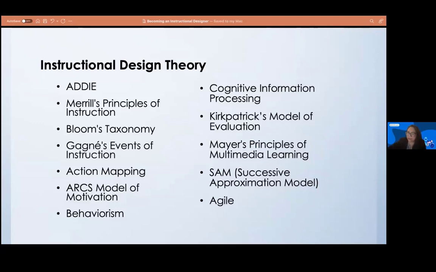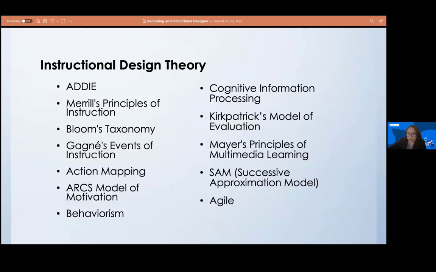Also, we have the ARCS model for motivation, which was developed by John Keller and has 4 components: attention, relevance, confidence, and satisfaction. Behaviorism guides learners to reach pre-established learning outcomes. And one prevalent concept is the operant conditioning developed by B.F. Skinner, which we talked about before.